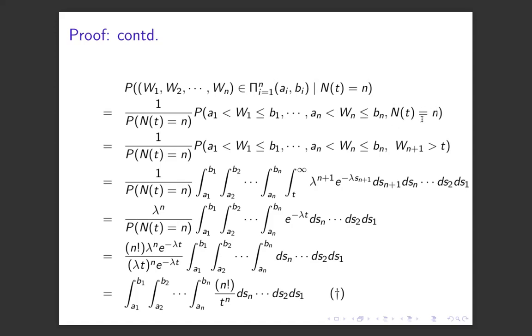So Nt equal to n means W(n+1) has to be strictly bigger than t, because remember that Nt is the number of arrivals during the time 0 to t, t included. Consequently, this probability can be written as: up to Wn being in (an, bn), you retain the same thing, and W(n+1) strictly bigger than t.